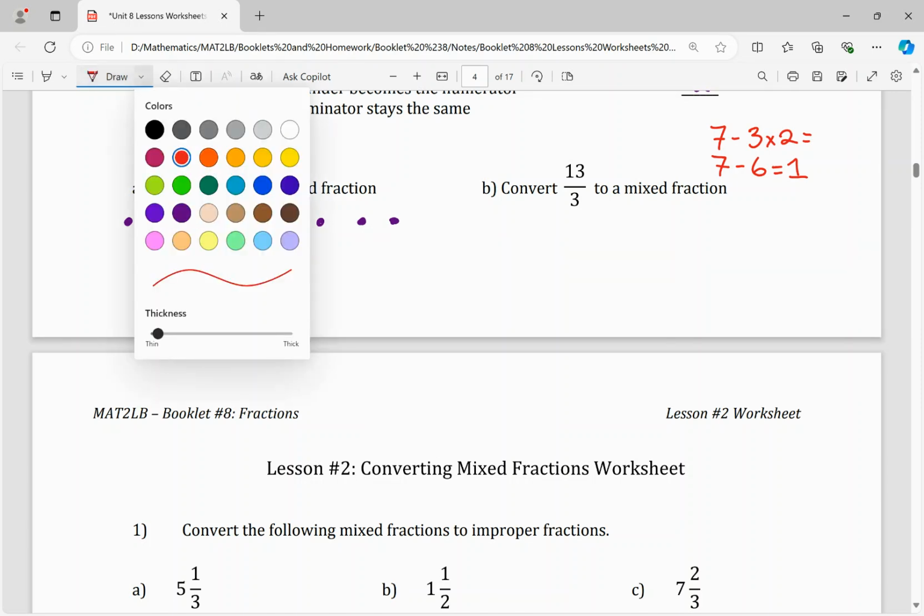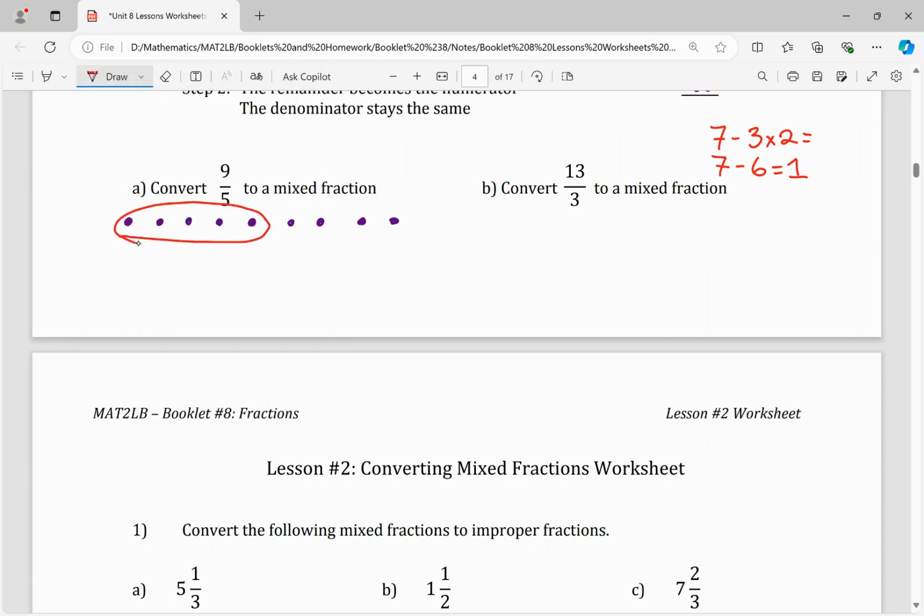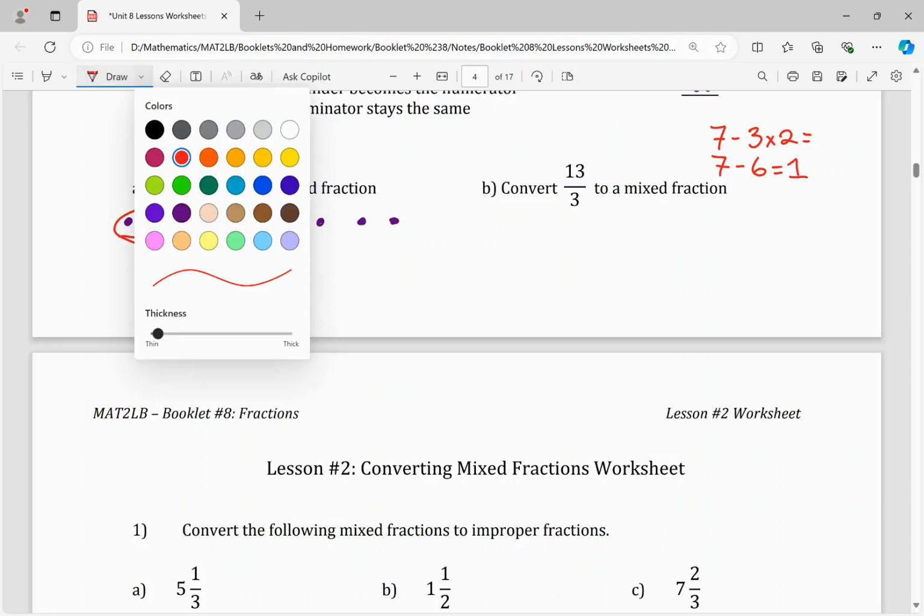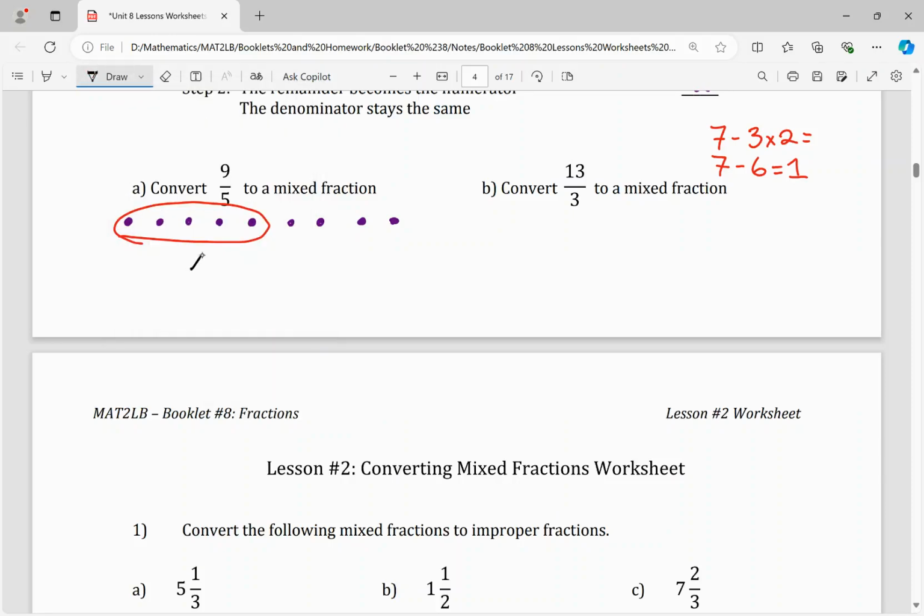In this case, that's just 1. I don't have enough dots to make 2 groups of 5. So what this means is that my large number is 1 because 5 goes into 9 once. I can only make one group.